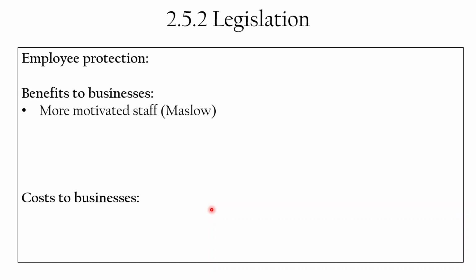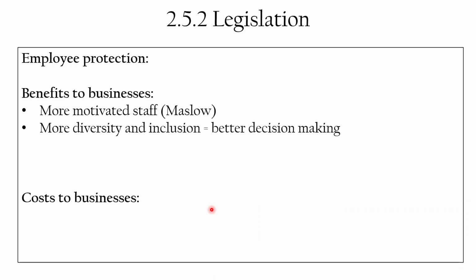These laws will predominantly affect those base level needs, the physiological needs, ensuring that people are well rested, that they have breaks to eat and things like that, but also security, job security, etc. So you can link a lot of these laws to Maslow's lower level, base level needs. They often fulfill a lot of those things.